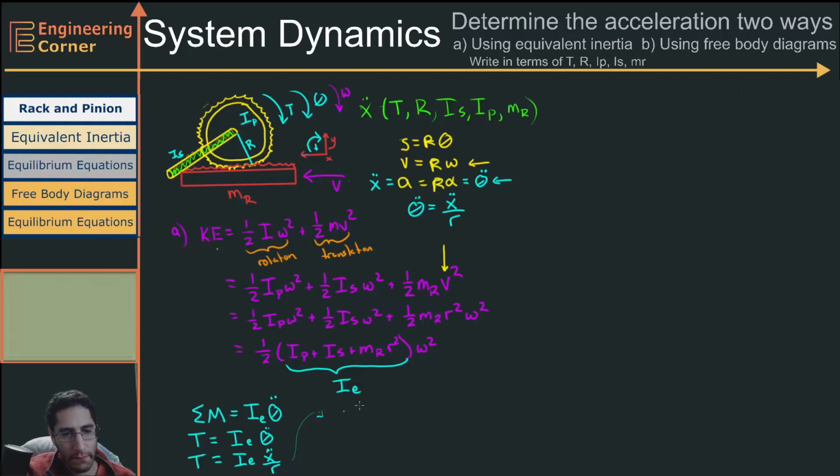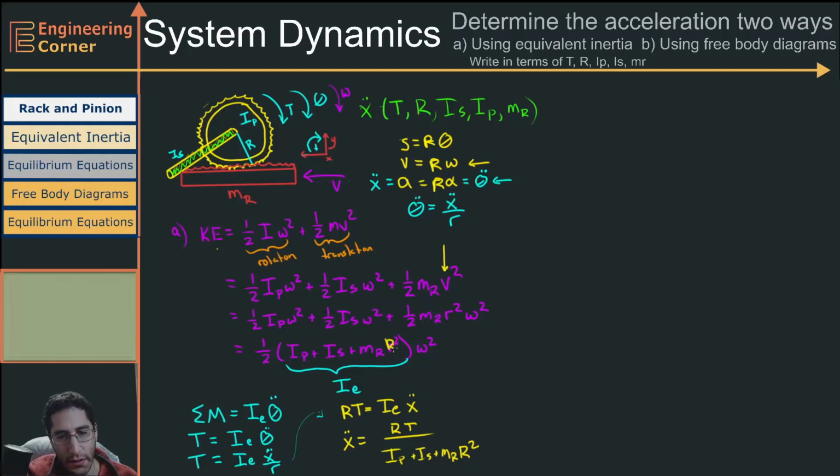But if I multiply that through, I get RT is equal to IE times x double dot. I just need to substitute this IE, divide it over, so I get x double dot is equal to RT over IP, the inertia of the pinion, plus IS, the inertia of the shaft, plus MR, the mass of the rack, times R squared.